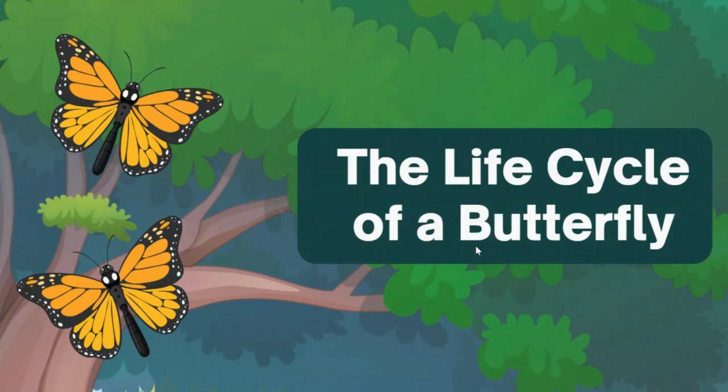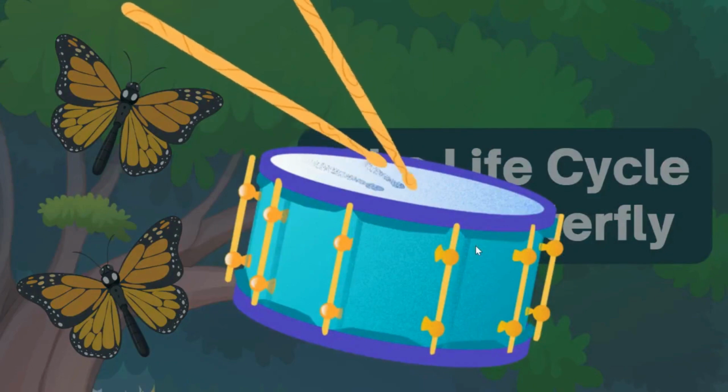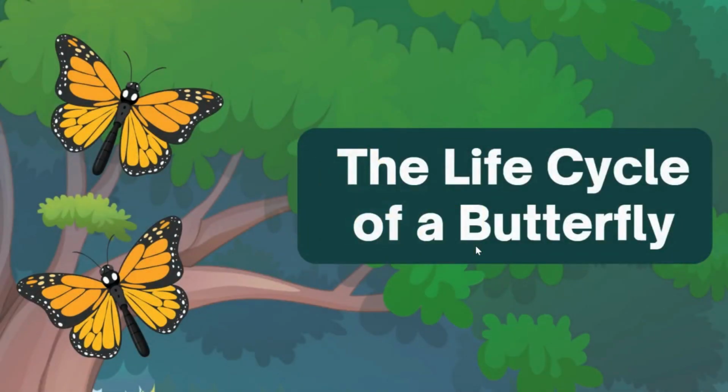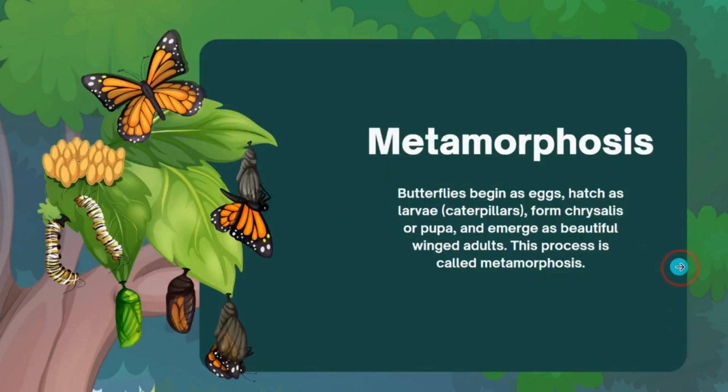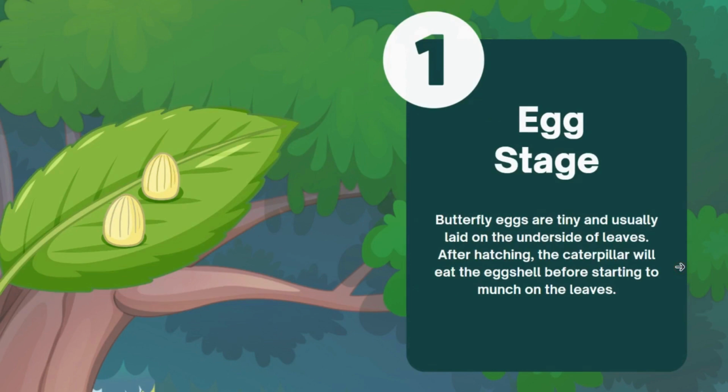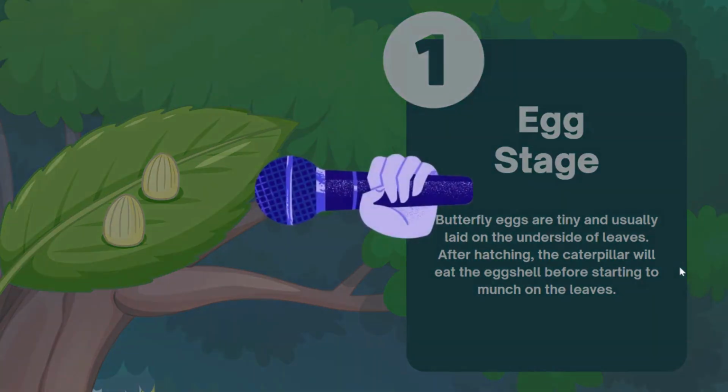If I look at another one, we can actually do a drum roll with the letter D. Life cycle of butterfly. So just a neat little way that you can do that. And after you explain a little bit here, you go through this presentation, maybe you want to have a little mic drop because you just explained the egg stage.